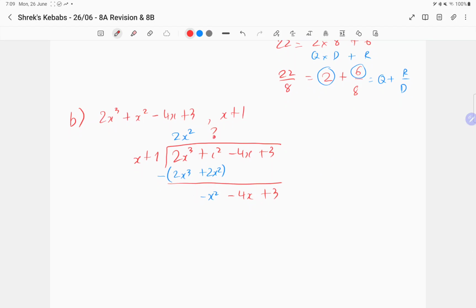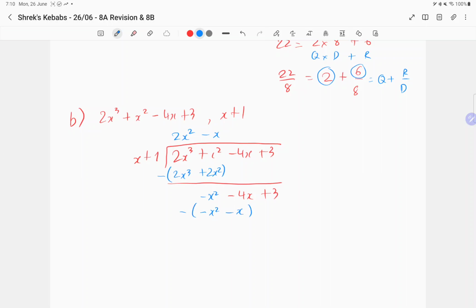Negative x. Yes, negative x. And when you times it down, have you got past this point yet? Almost. I just need to write the 3 first. Keep going. And then what else is there? Yeah, that. And then you do the subtraction.